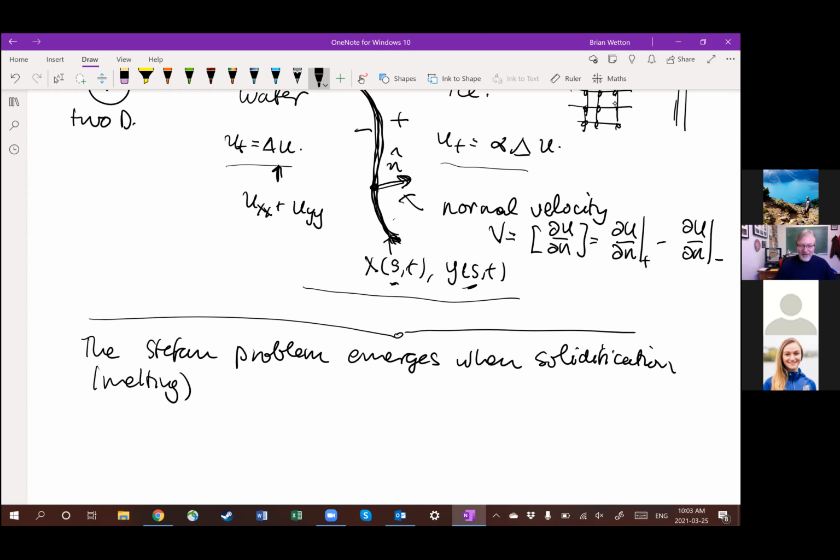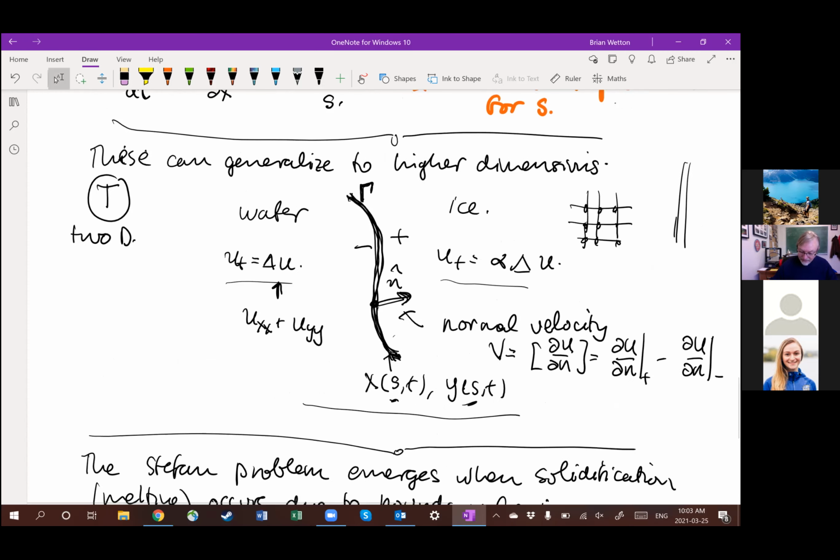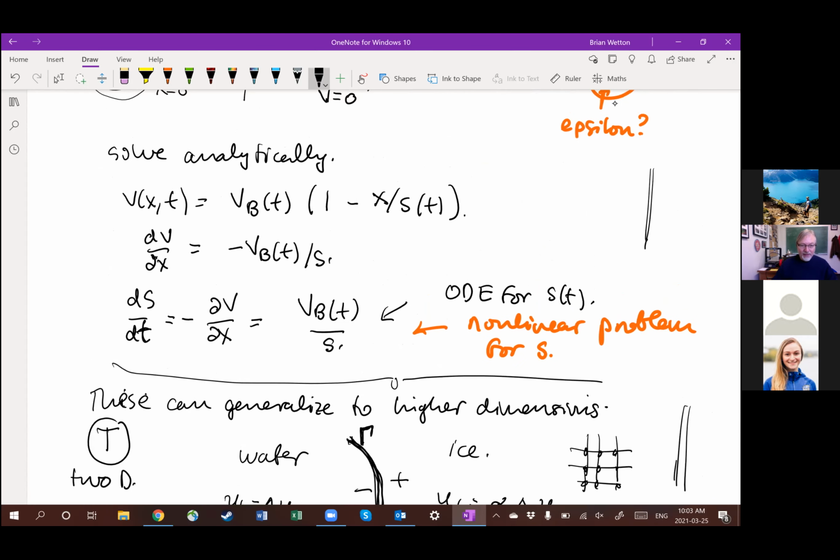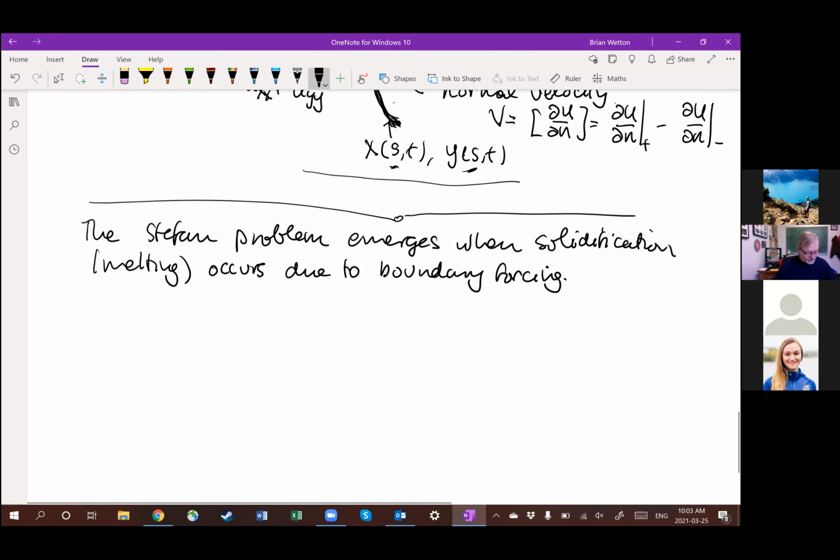For me, that's just a sign change, occurs due to boundary forcing. It is a very simple example, okay? But you can see exactly here how the boundary forcing moves the ice interface around. That was the most reduced model, but it highlights the general thing that's happening.